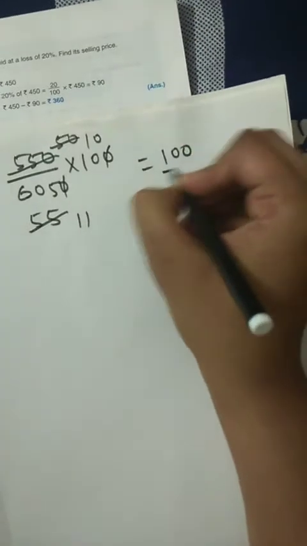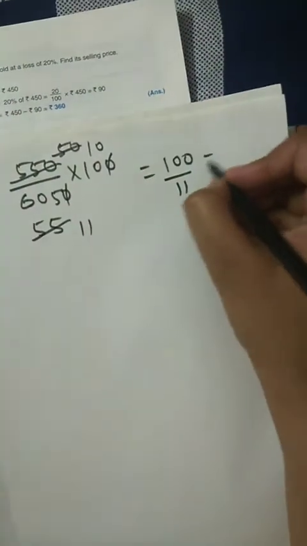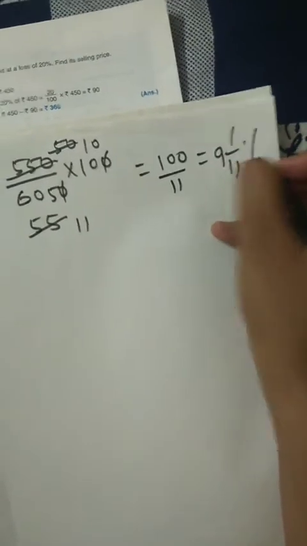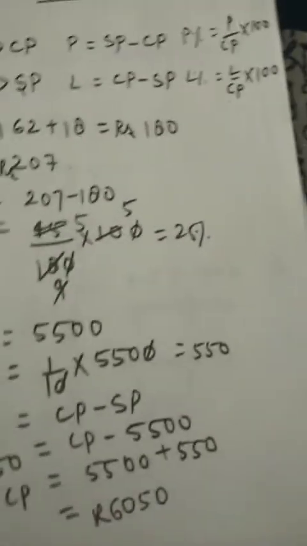So finally we will get 100 upon 11, which is 9 whole 1 by 11%. This is our final answer, and this is the way we are going to solve question number 7.